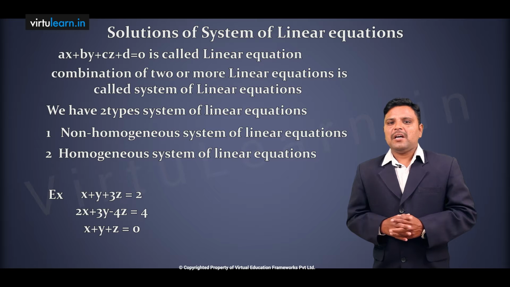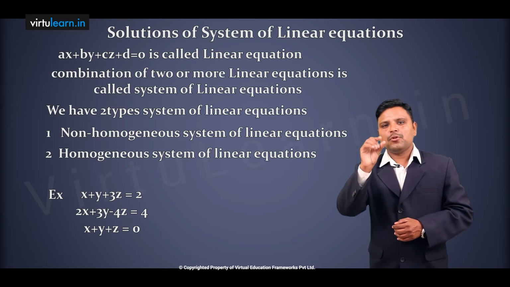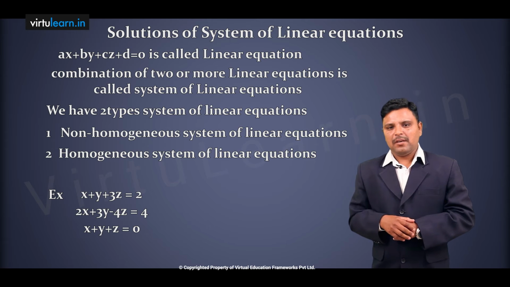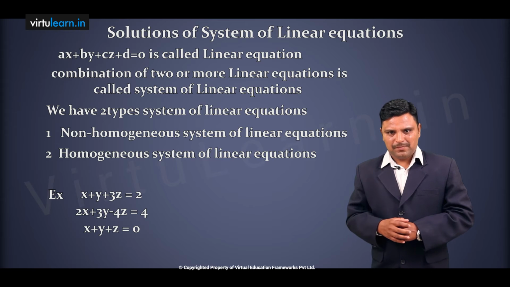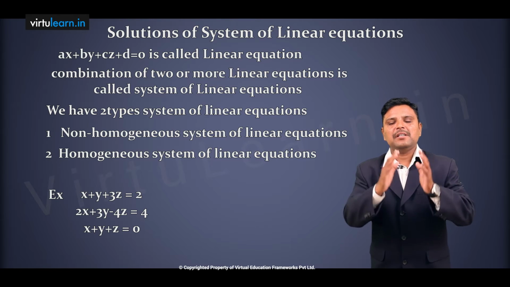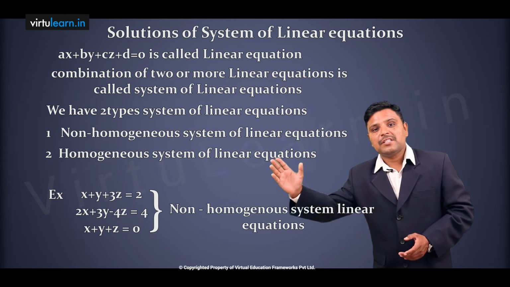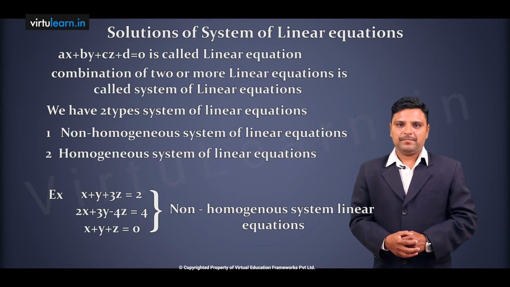And observe the RHS equals some constants: 2, 4, 0. If these constants are not all zeros, if at least one constant is not 0, then the set of linear equations is non-homogeneous system of linear equations.